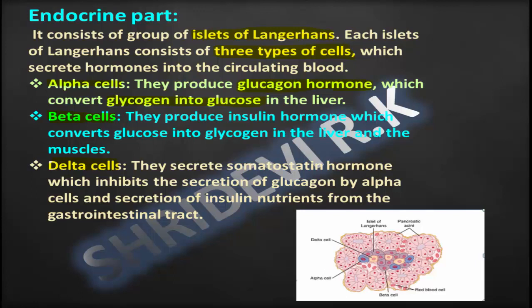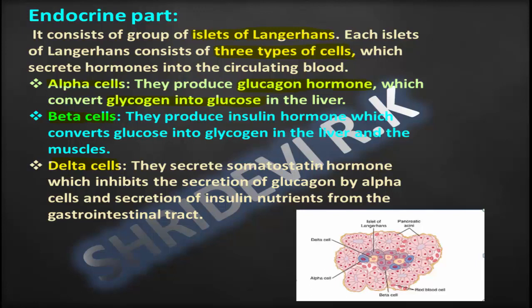Whenever the glucose level decreases in the body, glucagon is secreted from alpha cells, and that glucagon acts on the glycogen of the liver and converts it into glucose. The glucose is released into the blood, and it is absorbed by the body cells to do different functions.